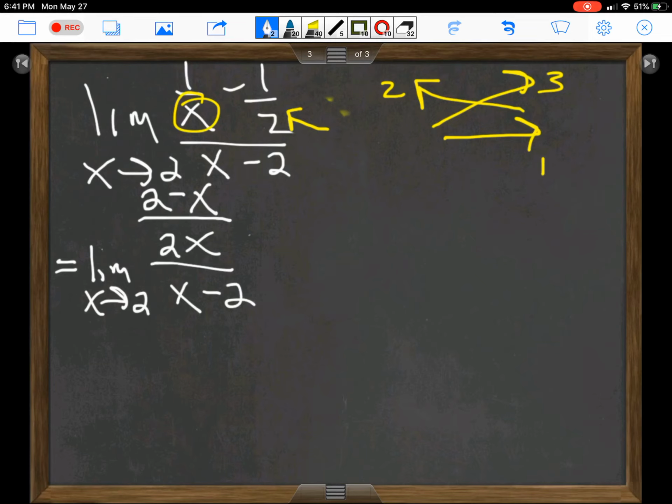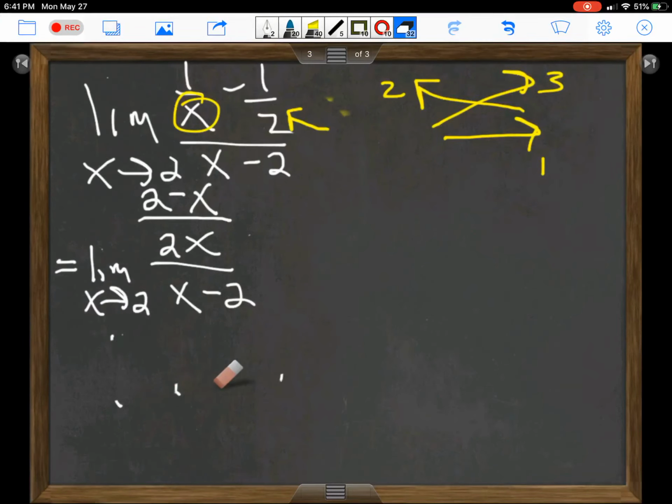Now we're going to simplify a little bit. Equals the limit as x approaches 2, x minus 2. And in the numerator, let me rewrite this over a little bit.